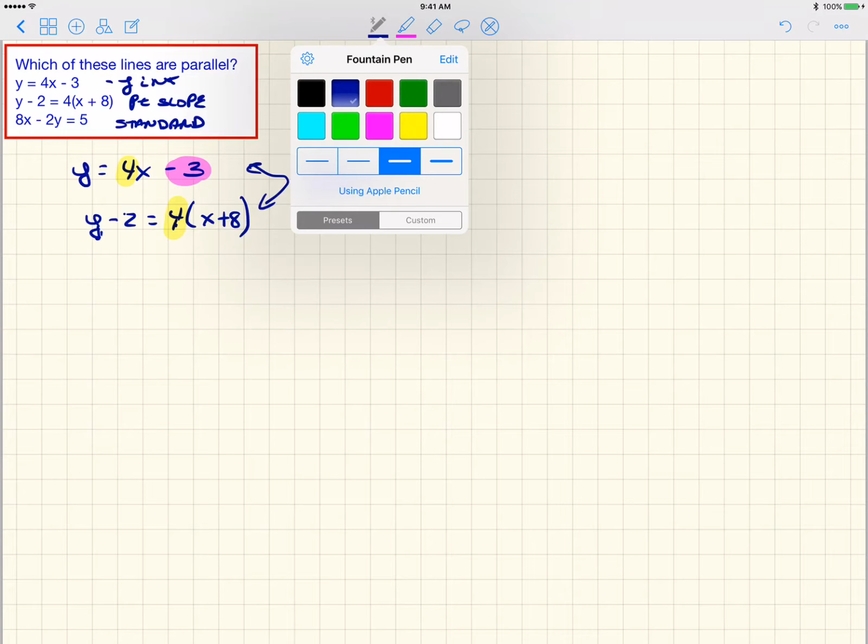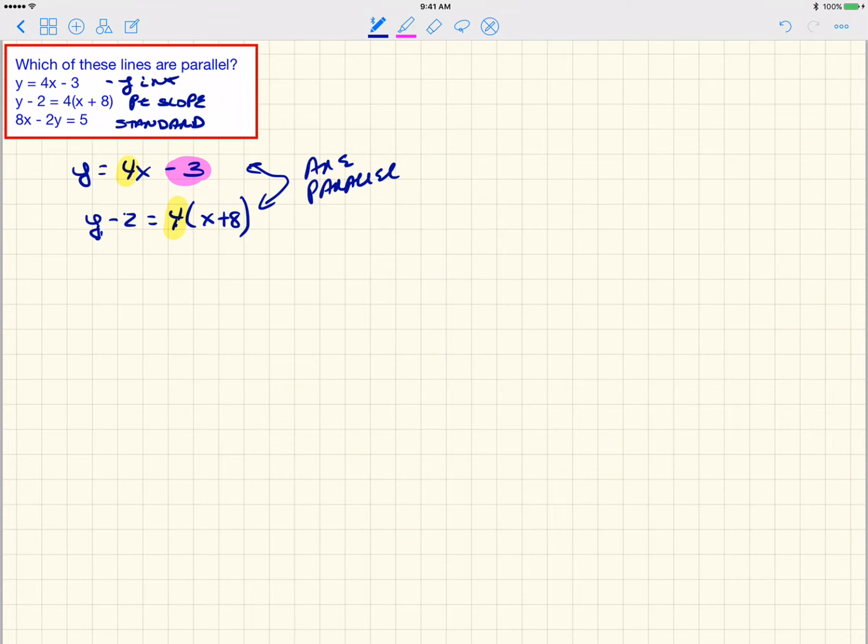So I can rewrite this equation and put in a 0 for x. This is going to give me y minus 2 equals 4 times 0, the x value of 0, plus 8, which is going to give me y minus 2 equals 4 times 8, y minus 2 equals 32.